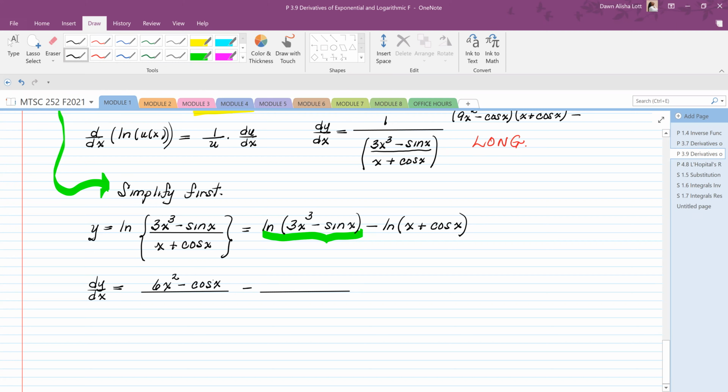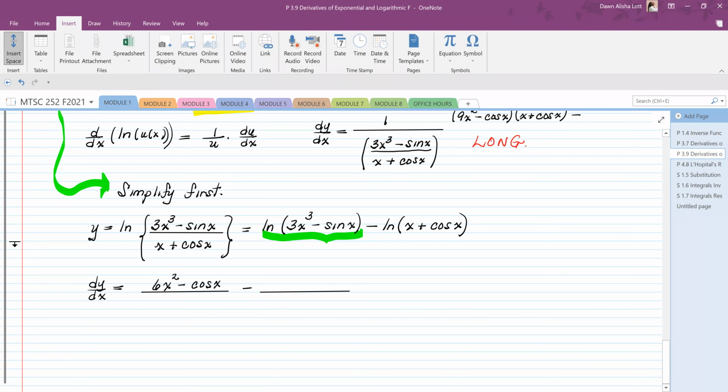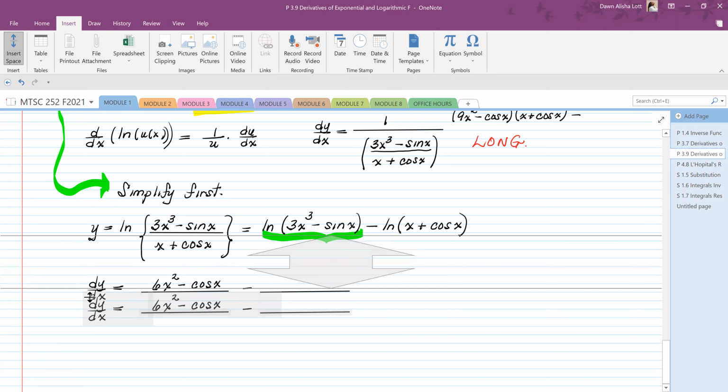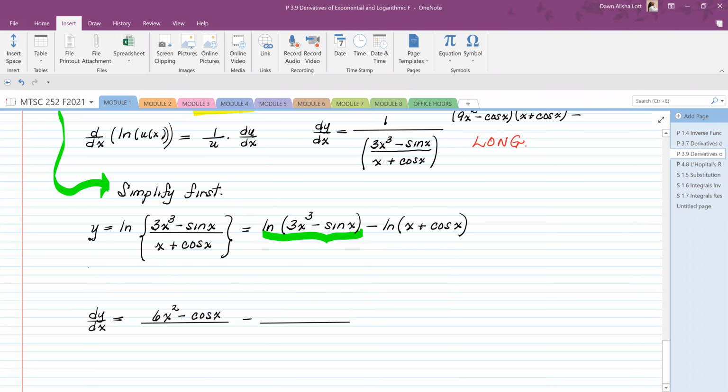For that denominator, should I imagine there's an imaginary 1 in front of that x? No, you're making life difficult. Let me rewrite it. I'm just going to rewrite y.